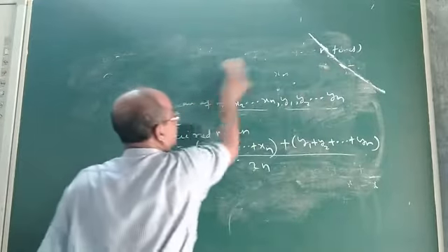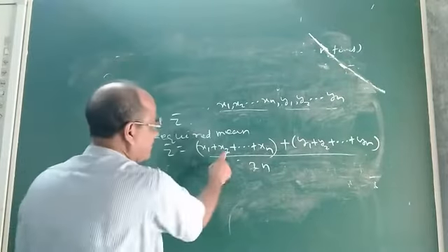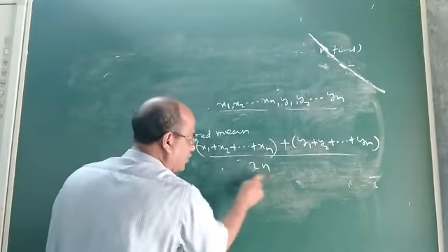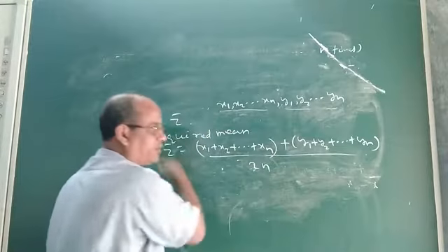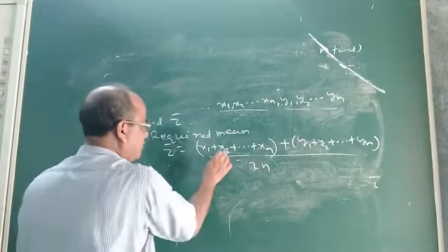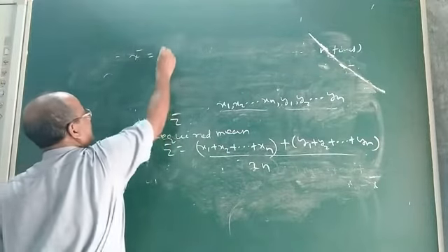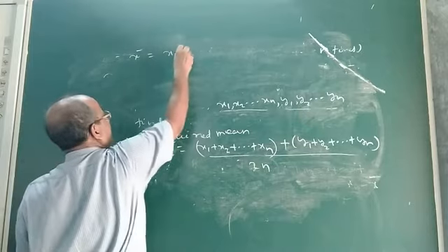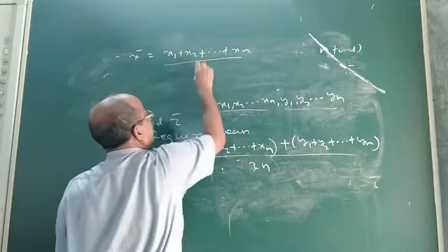Now what is the next step? So the required mean is this plus this by 2n. 2n is the total number of observations. It is the sum of observations by total number of observations. Now, since x bar is the mean of x1, x2 up to xn, it will be divided by n.